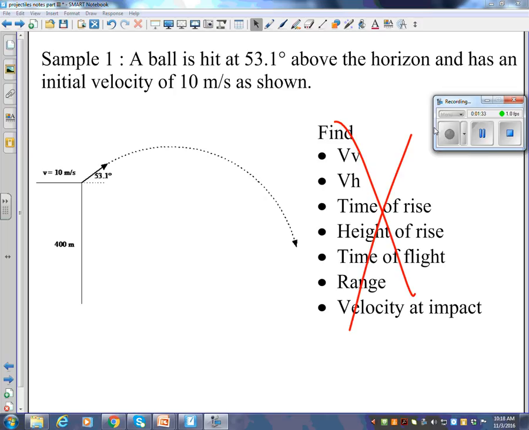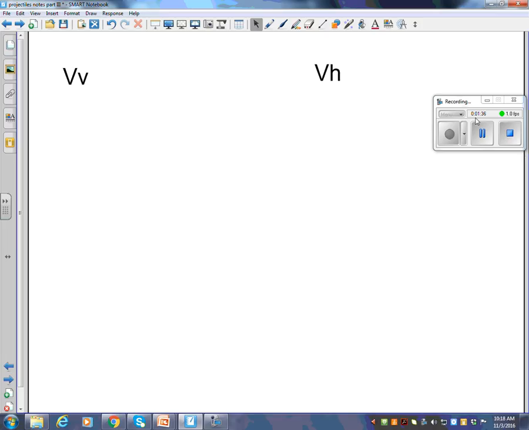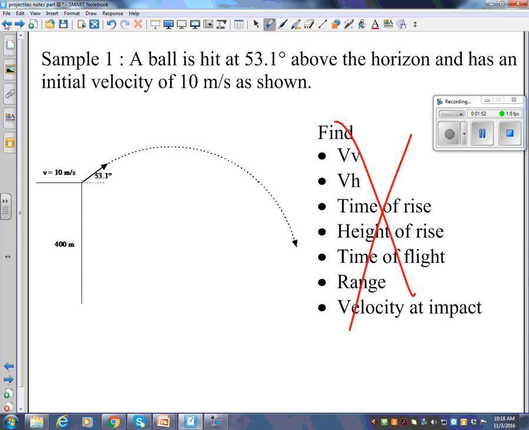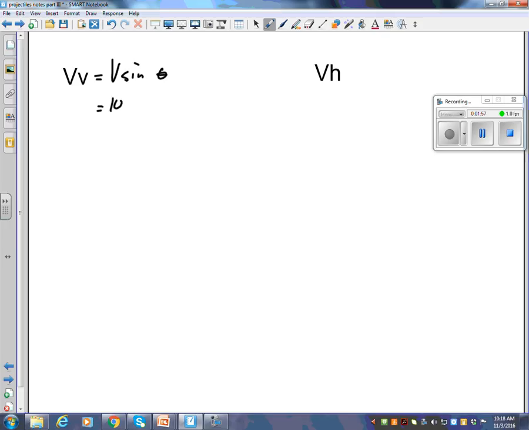Okay, let's begin. So the first thing that I've asked you to find is VV and VH, vertical and horizontal. V sine theta, so it's going to be 10 times sine of 53.1, right? 7.99 maybe, 8 meters per second.